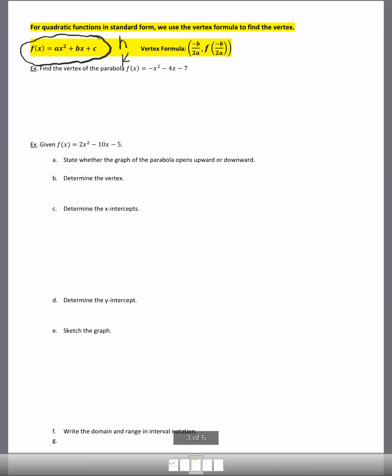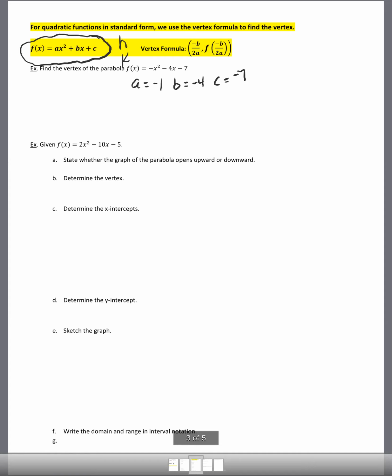Since all of my terms are over on one side, that's what's so beautiful about a function being written this way. I already know that my a value is -1. I know that my b value is -4, and my c value is -7. Kind of like if we were going to solve this quadratic to find its solutions, we were finding a, b, and c for the quadratic formula.